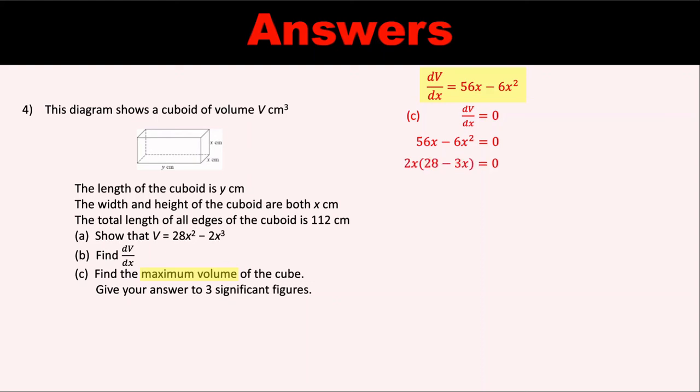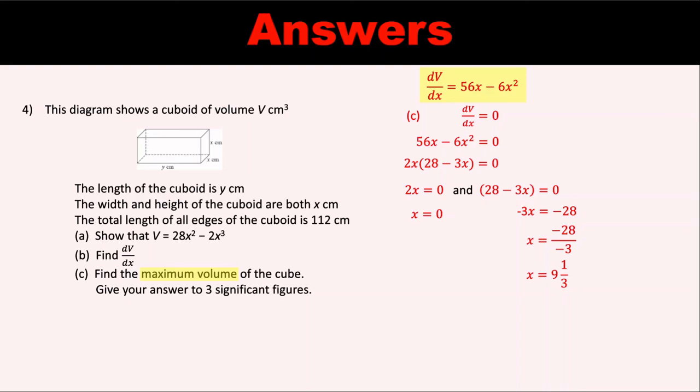Both terms can be divided by 2x, and now I've got two solutions. 2x times 28 minus 3x will be equal to 0 when either 2x is equal to 0 or 28 minus 3x is equal to 0. So my two solutions for x are when x is equal to 0 or when x is equal to 9 1/3, or simply 28 over 3.